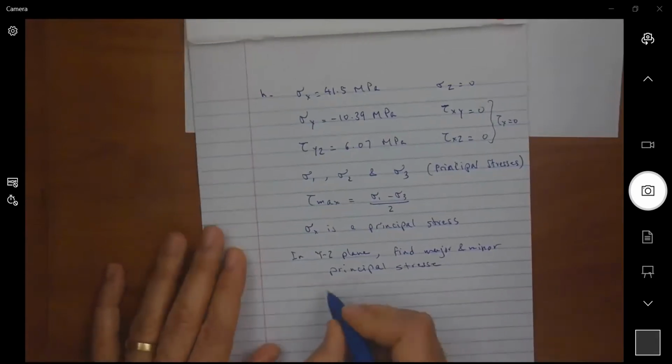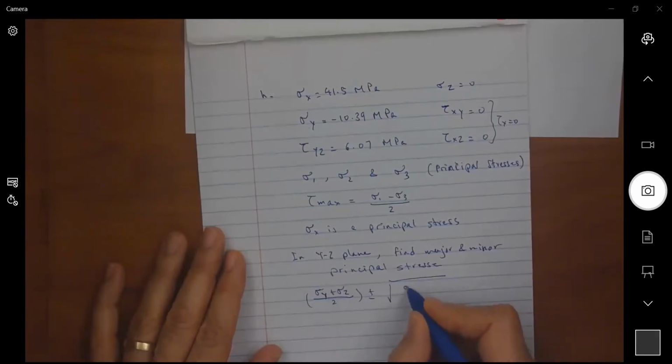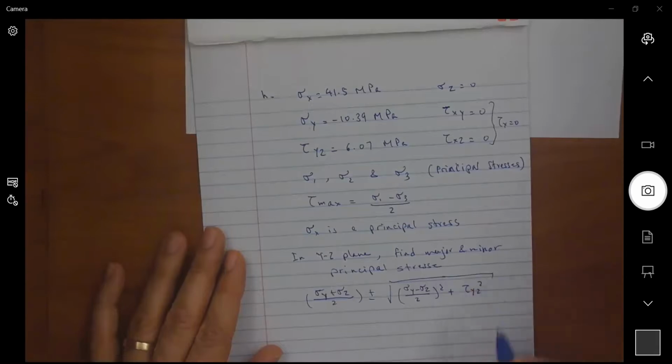I'm going to use the equation sigma y plus sigma z over 2 plus or minus the square root of sigma y minus sigma z over 2 squared plus tau yz squared.